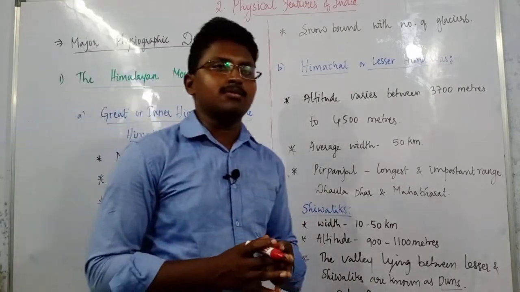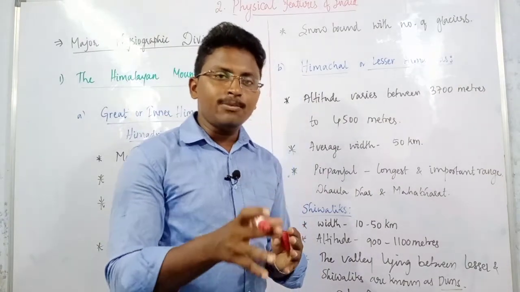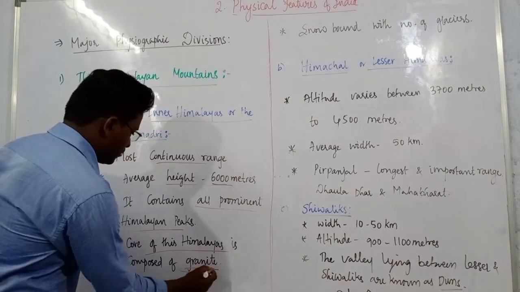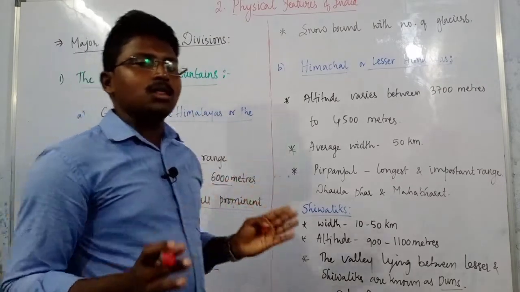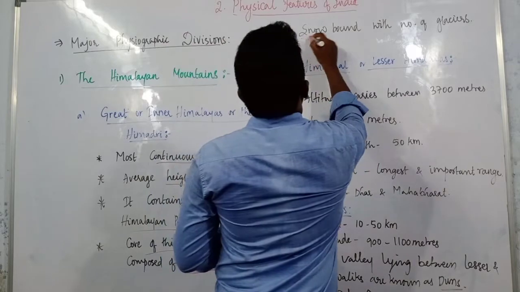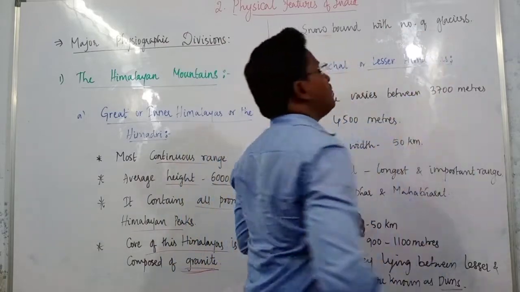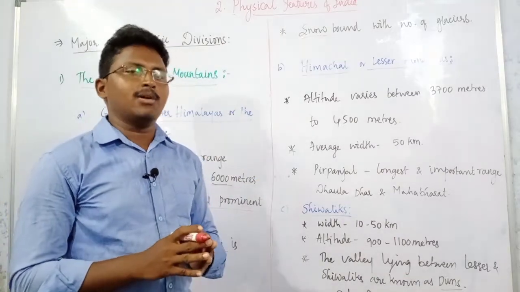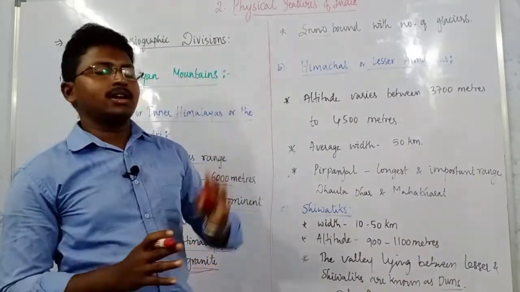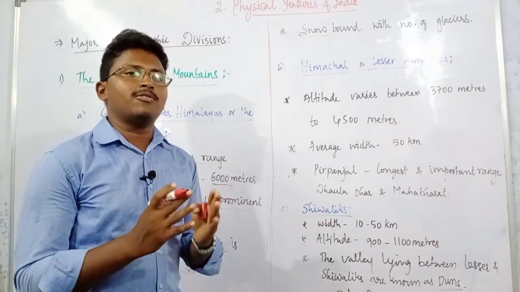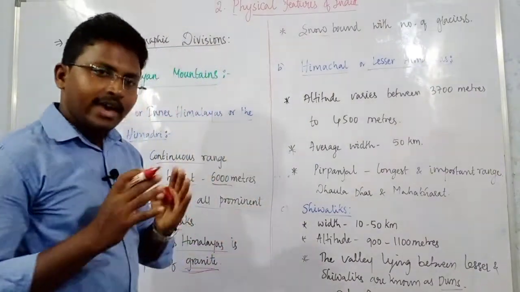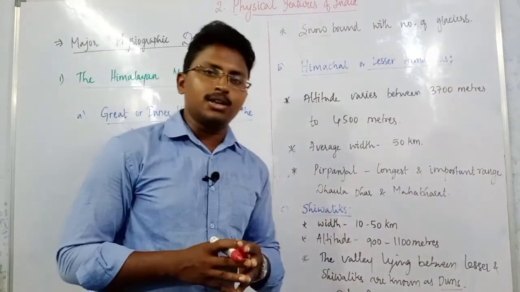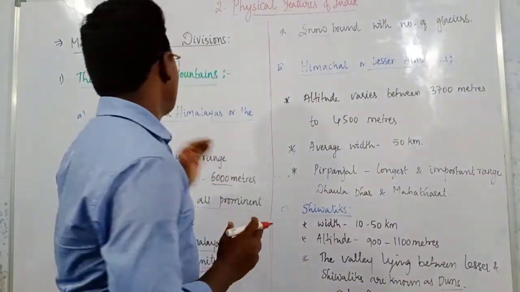Core means deep inside these mountains it is granite, whereas on the outer side it is completely covered with snow and a number of glaciers. So these are some of the important features of the Great Himalayas.